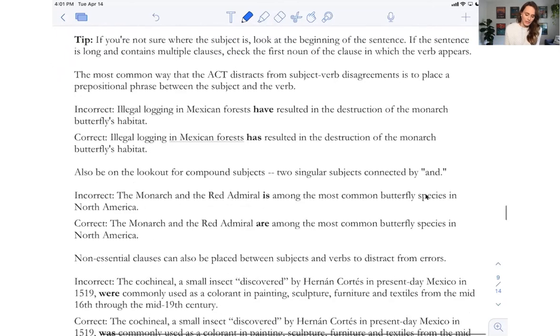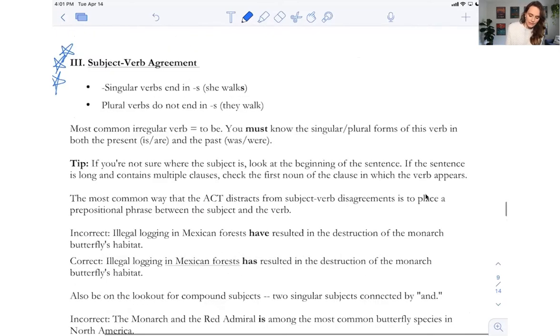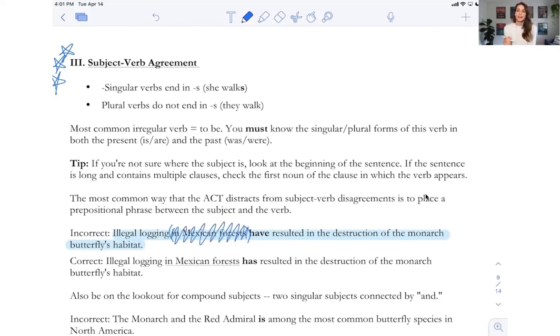So if I look at the sentence here, illegal logging in Mexican forests have resulted in the destruction of the monarch butterfly's habitat. My first thing I'm going to look for is a prepositional phrase. So in Mexican forest, the in is the preposition, and in Mexican forest is my prepositional phrase. I can kind of cross out here, and then I can pick my verb. So illegal logging is singular.